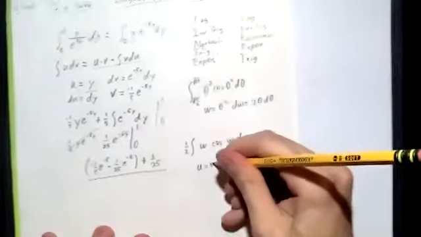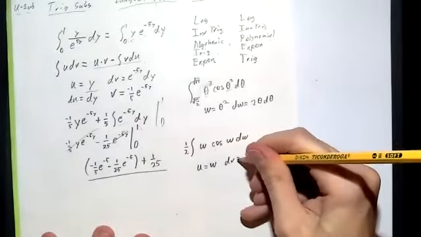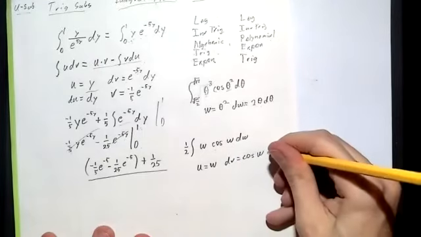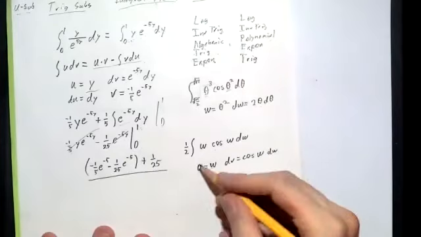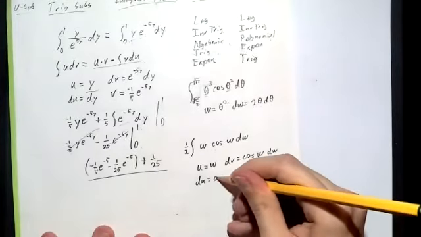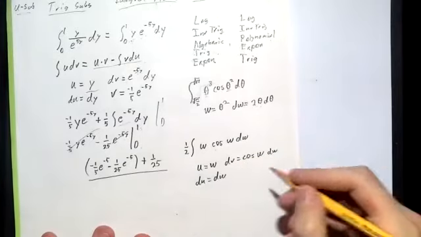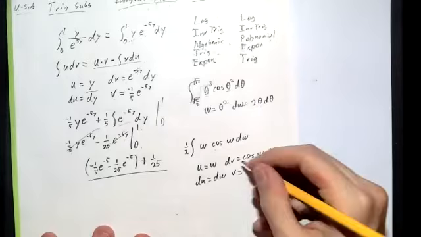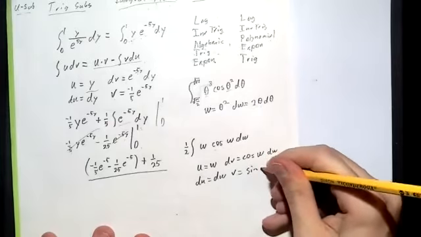So u is going to be w, dv is going to be cosine w dw. Now from there, we take du, which is just dw. And then we take v, so the integral of cosine is just sine w.